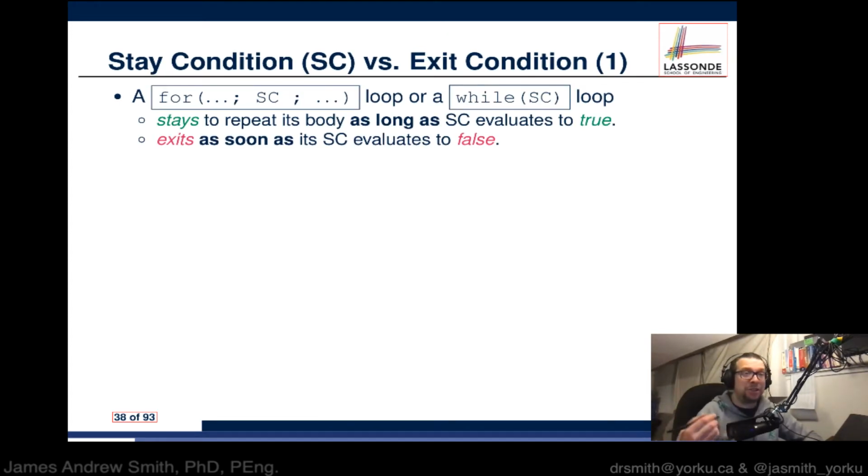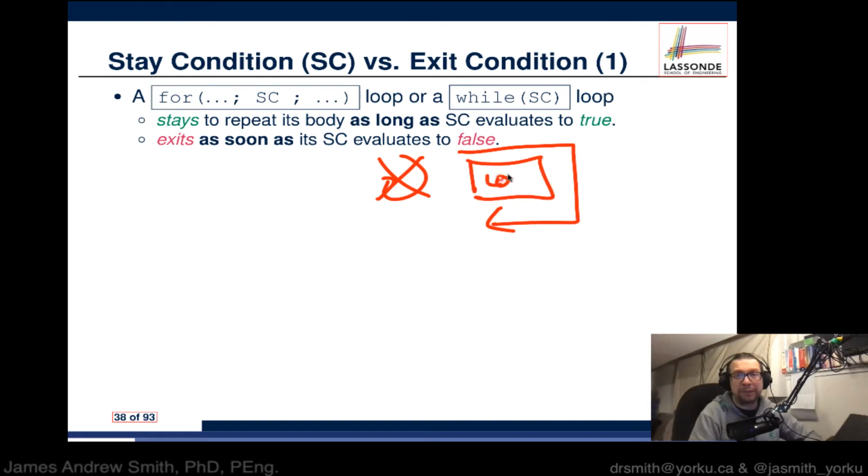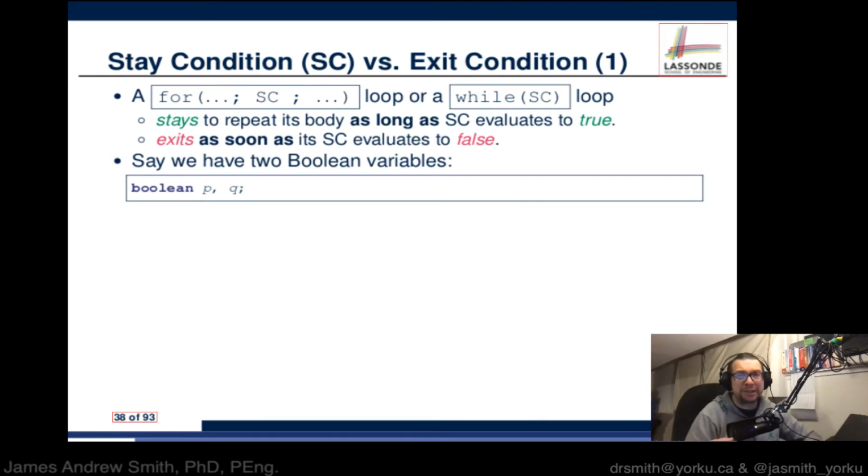As soon as it's not true anymore, you don't do any more looping. You exit outside of that body. This is the loop in here. As soon as you test it and it comes out false, you continue on beyond the loop. So if it's false, then you exit.